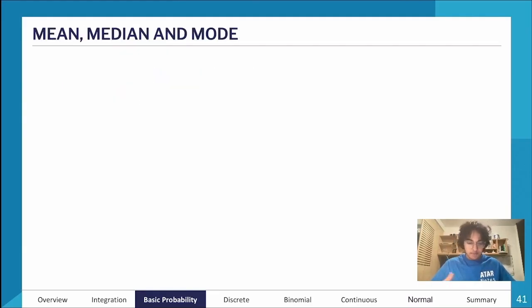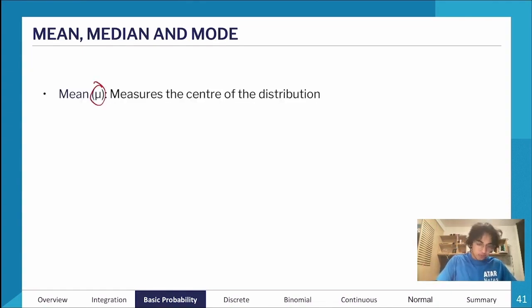Okay, mean, median, and mode. These are definitely things you guys have seen before, but I'm going to give them a little bit of a different twist, especially in discrete and the other stuff that's coming. So mean, please remember this symbol. It's how we represent it in methods. That's called mu. The way I usually write it is just like a U, but I start with a tail out the front.